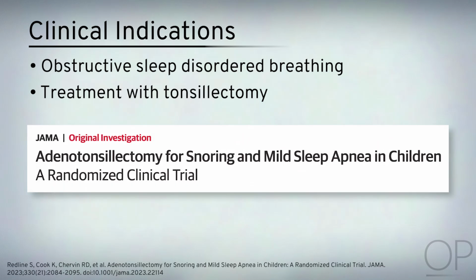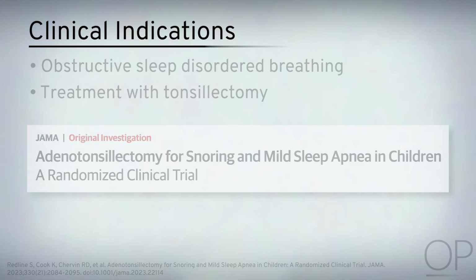Recent research suggests a nuanced approach to the use of tonsillectomy as the first-line treatment for children with obstructive sleep apnea and sleep-disordered breathing, emphasizing its potential benefits beyond cognitive aspects, while also highlighting the role of watchful waiting in guiding treatment decisions.